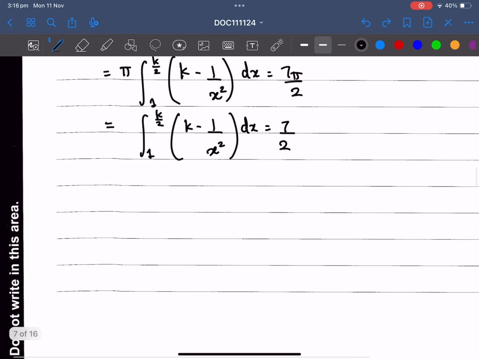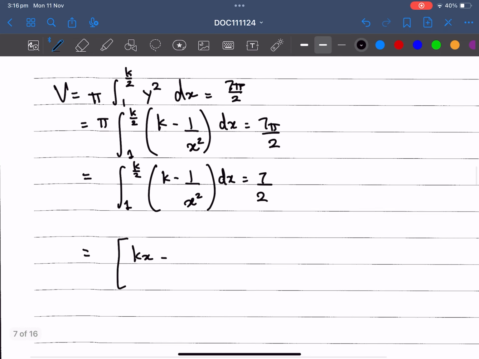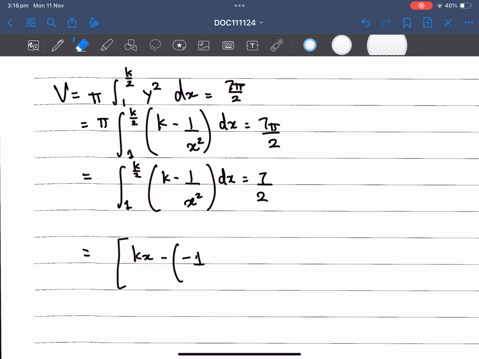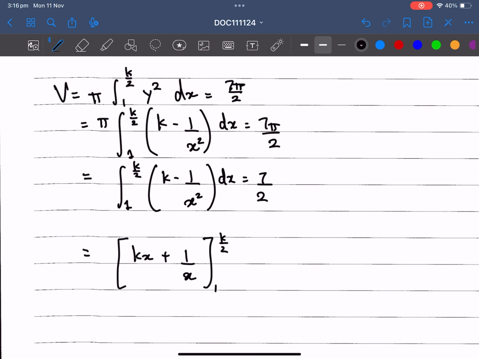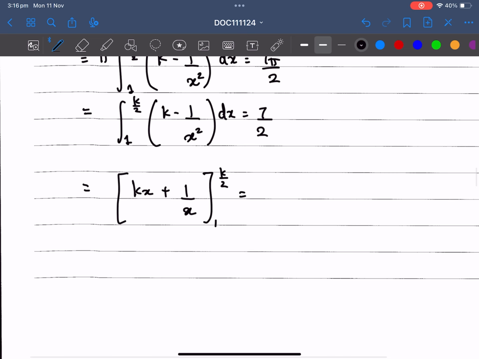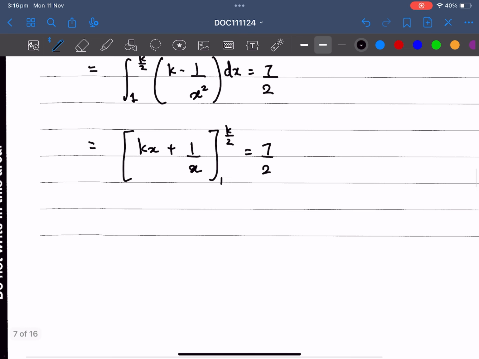Okay, now we just simply integrate, so kx plus 1 on x, with the limits 1 and k on 2, equals 7 on 2, of course.